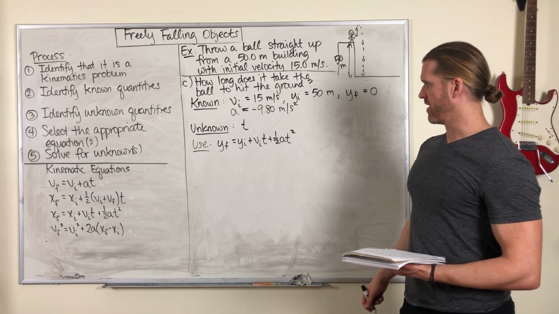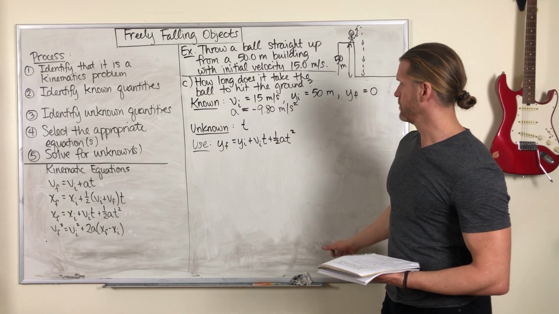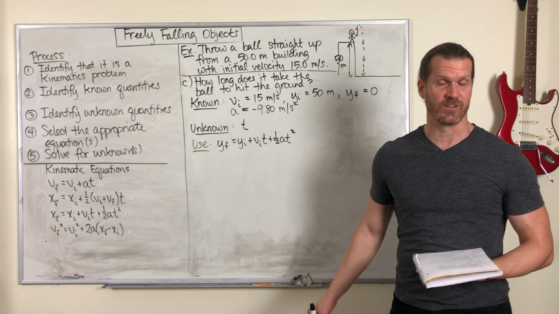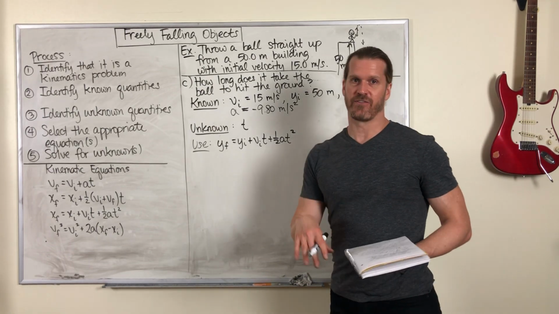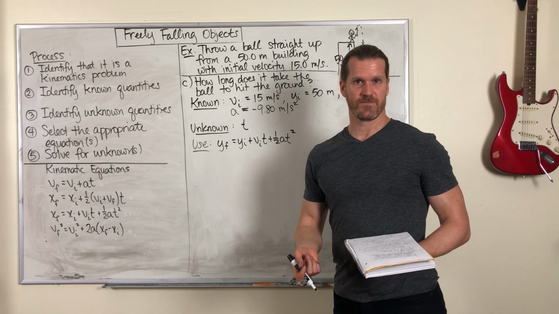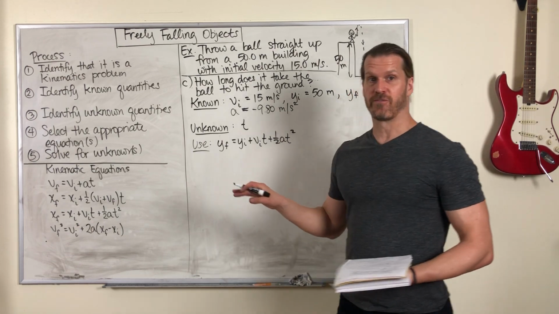We can't cross that out anymore. We've got to use the quadratic formula to solve for t. So it's going to take some algebra to get this in the right form. So see if you can follow along with me.